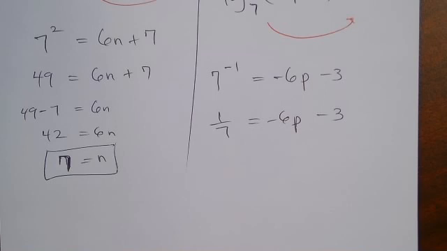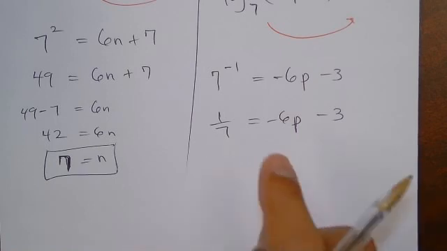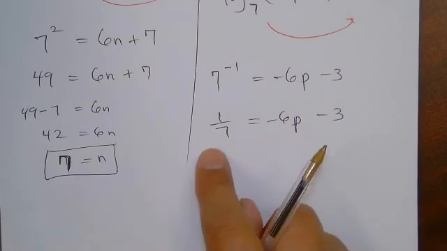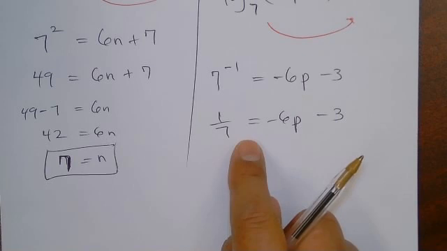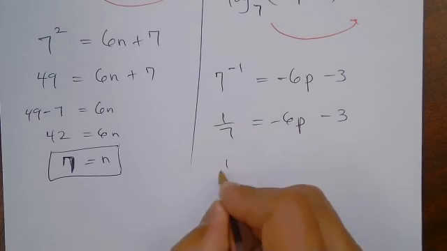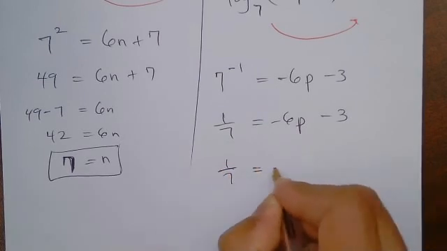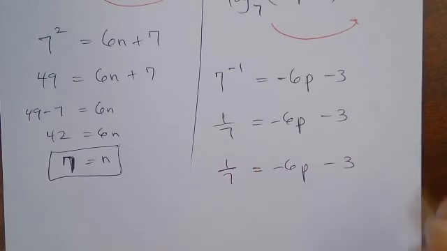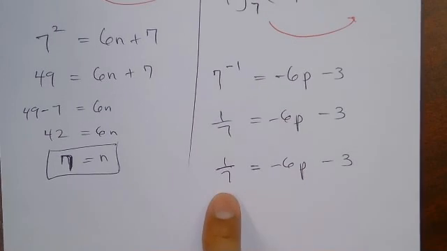And this is where some of you don't know how to finish it. Anybody know what to do here at this point? Very good. When you have an equation and there's a fraction, you don't want to see a fraction.